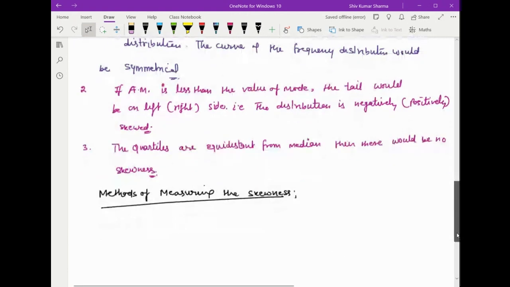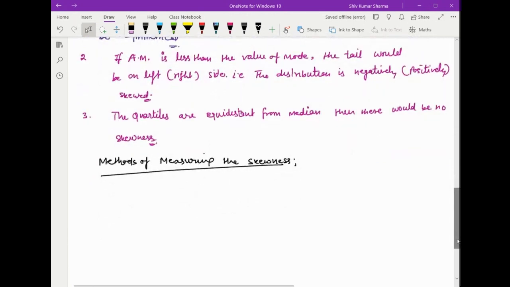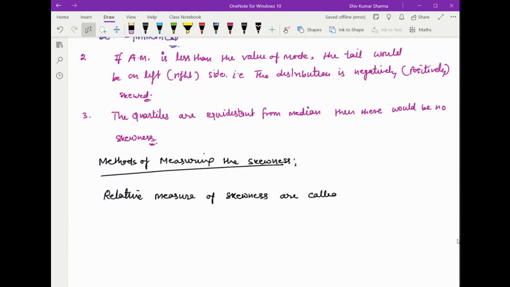Basically, we calculate the relative measure of skewness. The relative measures of skewness are called the coefficient of skewness.